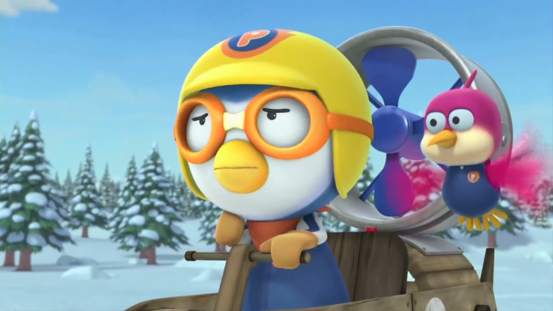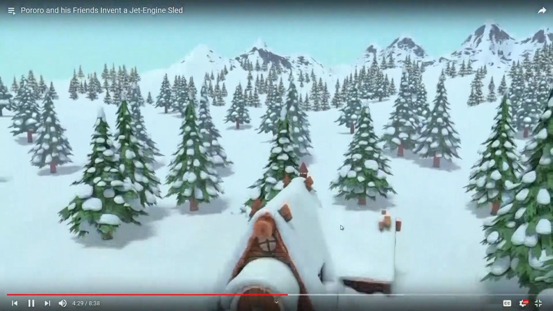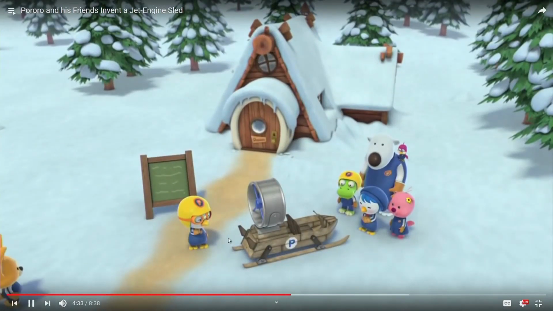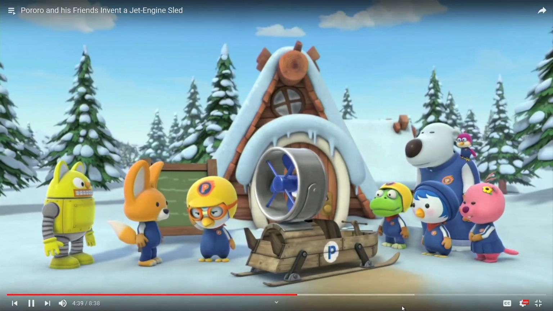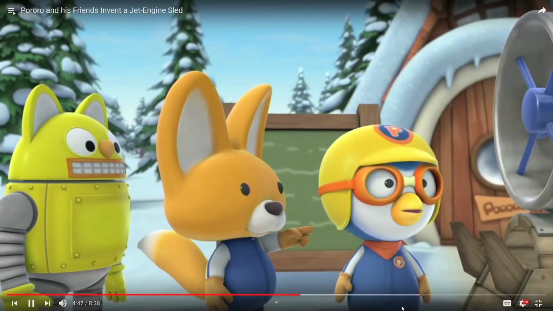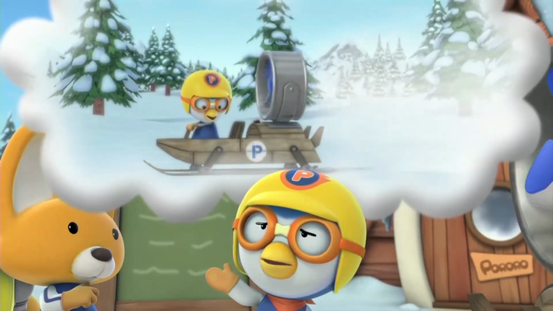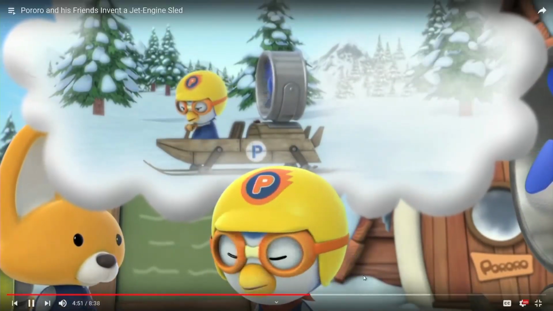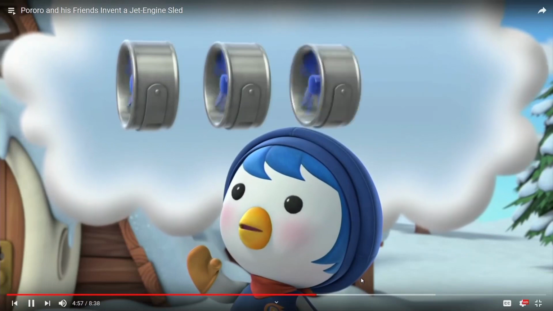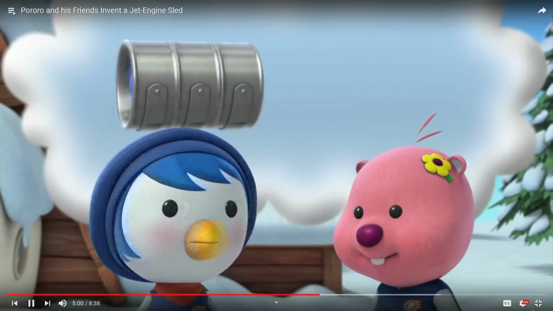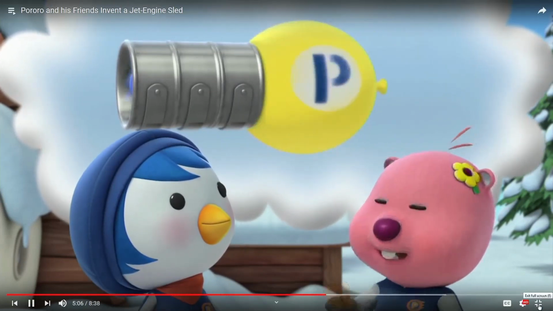Sorry, guys. I need more wind. Pororo? Hey, Eddie. How's your invention going? Well... Huh? What's this, a fan thing? Oh, I thought that if the fan could push the air back, the sled would move on its own. But it's harder than I thought. Pororo, I have an idea. Wouldn't the wind be stronger if we attach more than one fan? I don't think that would be enough. We need something that can push out the air really well, just like a balloon.